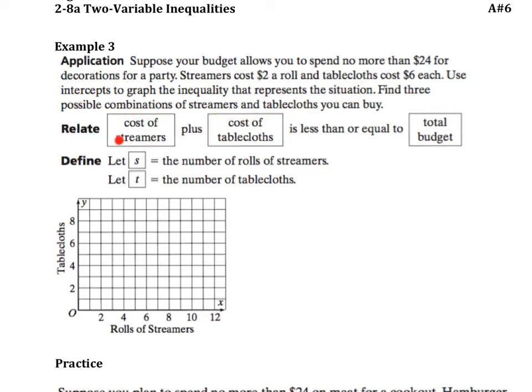So the cost of the streamers, what's that going to be? Well, the cost of the streamers is going to be $2 times however many that I buy. So that'll give me the total cost of the streamers. Plus, we're going to add the total cost of the tablecloths. Now, they cost $6 each, times however many of those that I buy.